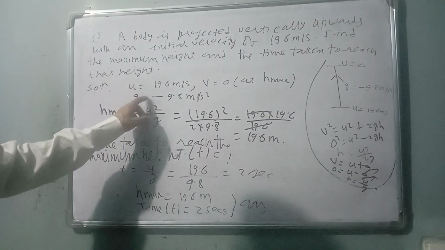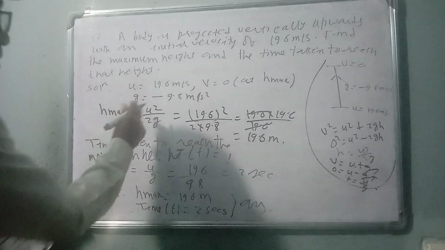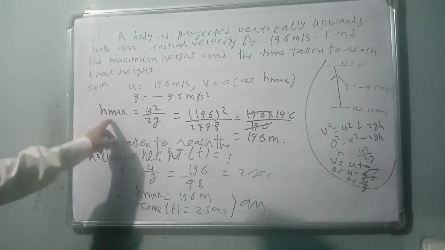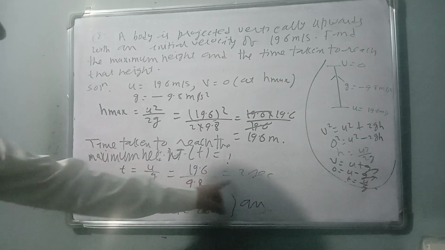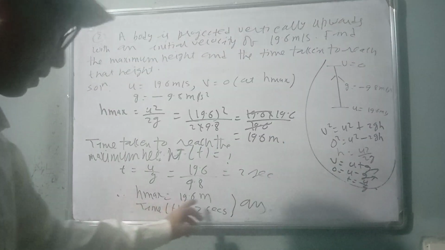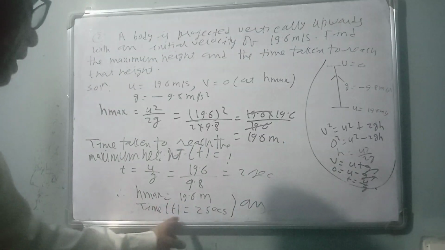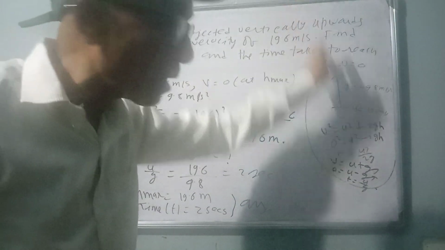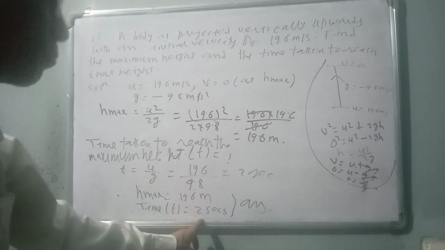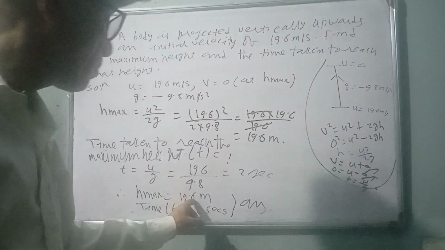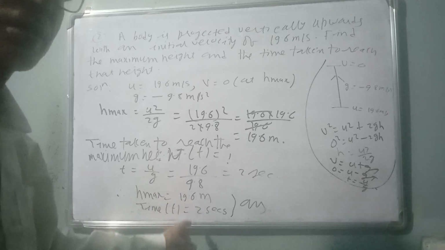So the maximum height is 19.6 meter and the time is 2 seconds. The time of flight is the time to go up and come down, 2 into 2, which is 4. The total height travelled, up and down, is 2 into 19.6.